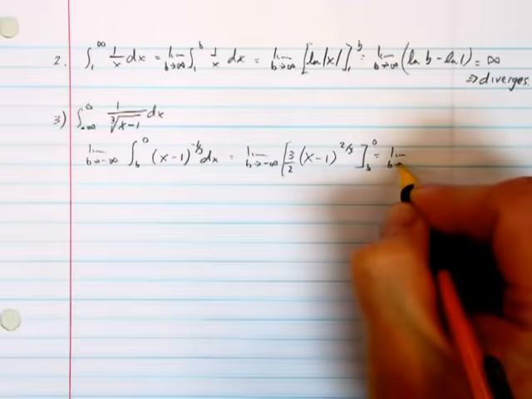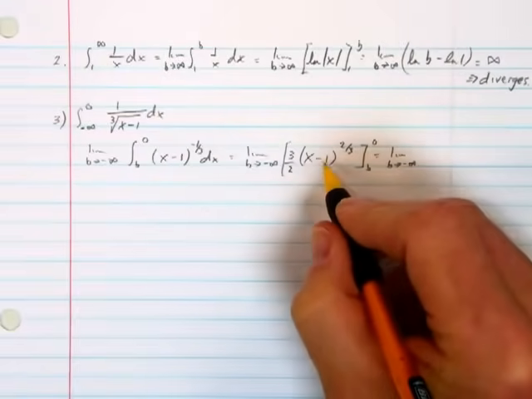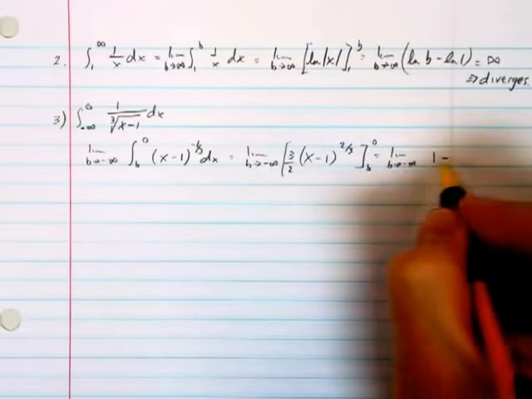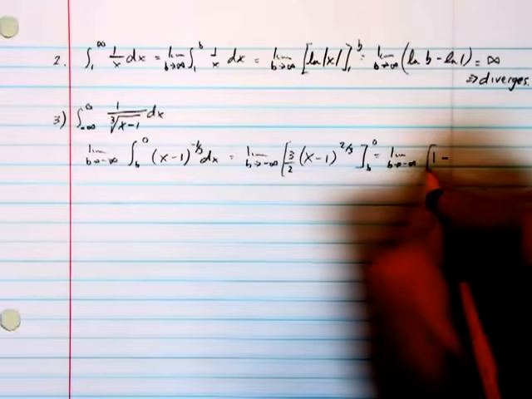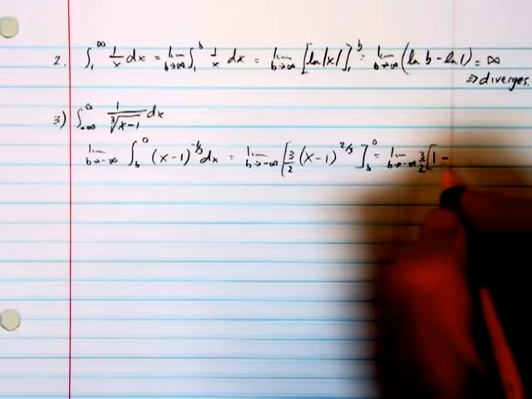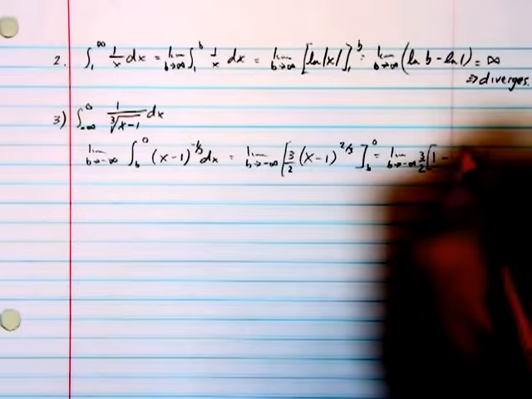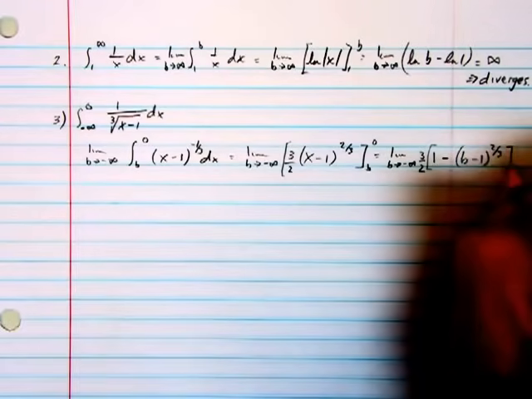Plug in our limits. B goes to negative infinity, and then that would be what? So if I plugged in 0, that would give me 1, minus if I plugged in b, let me just pull out the 3/2 there so I don't need to worry about that. So plug in b, I'll have b minus 1 to the 2/3.